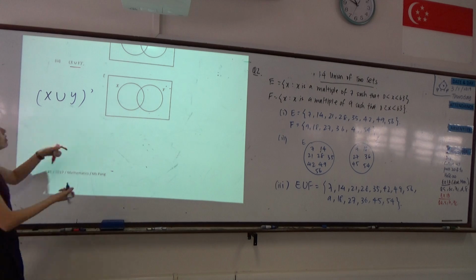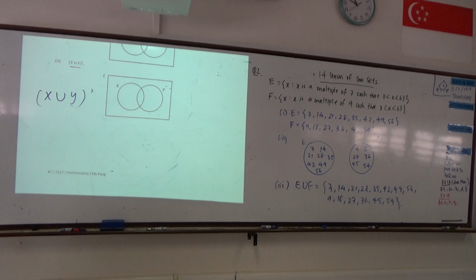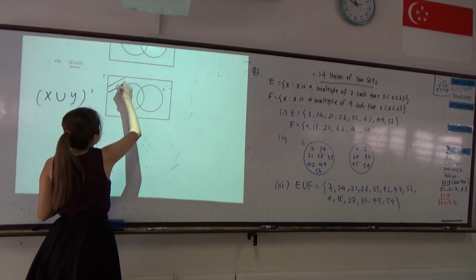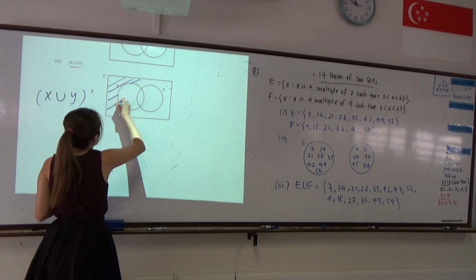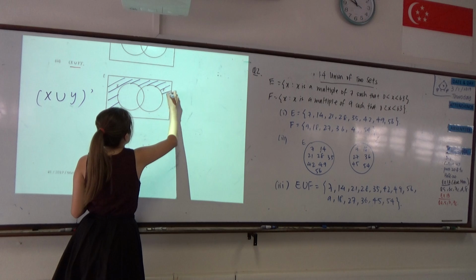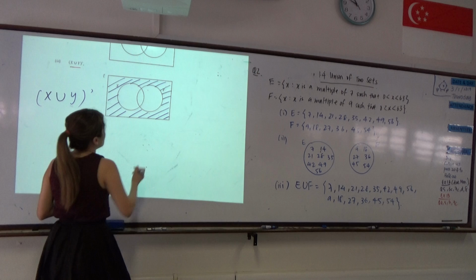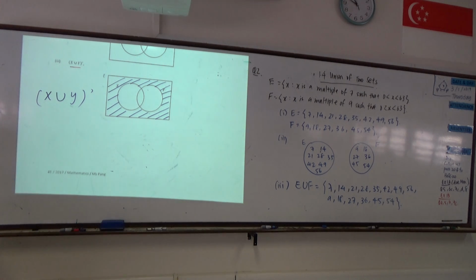X union y refers to the two circles together, but since you're looking at the complement of it, that means it is outside of the two circles. So the shading that you need to do will actually be like that.